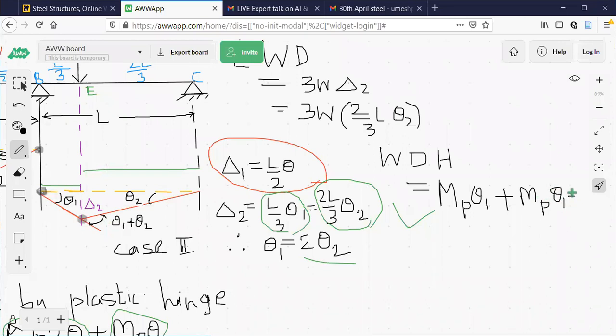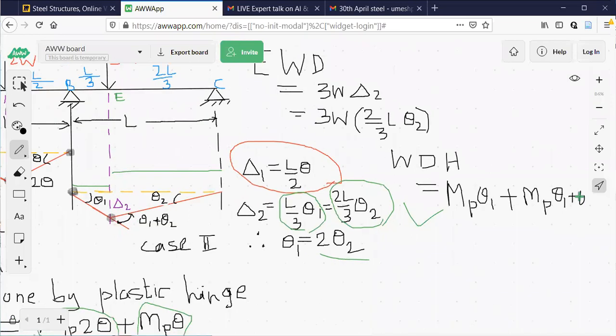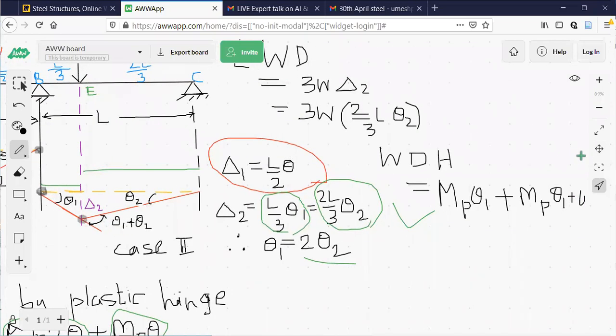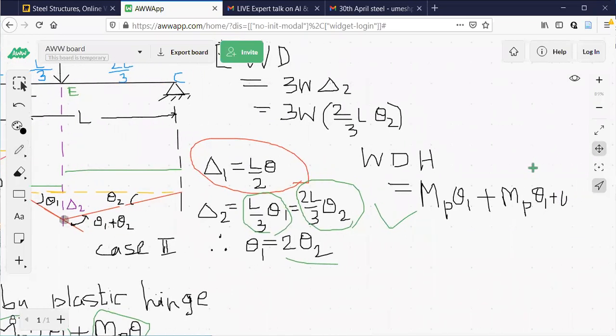Theta 1 plus theta 2. Okay. Work done by the hinge.